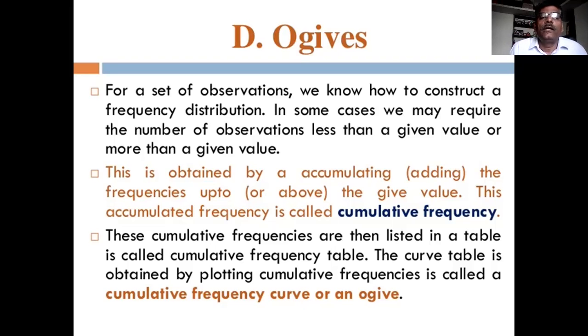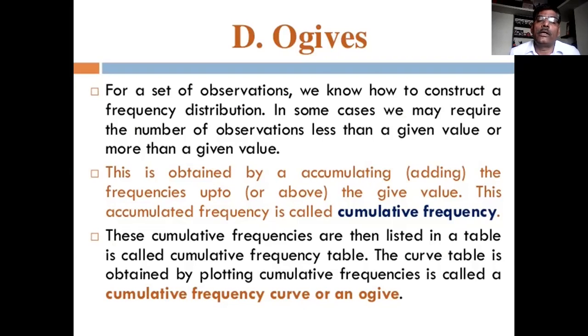So it is obtained by accumulating the frequencies. Accumulating means adding the frequency up to the required level or the given value. We add the frequency values up to the required value and ascertain the frequencies coming under less than or more than.